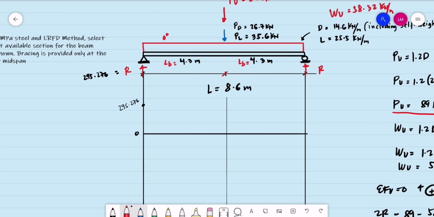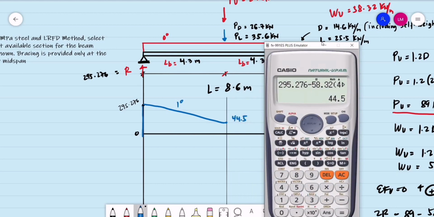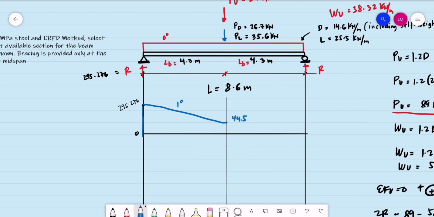So our diagram should go from 0 to 295.276, less that uniform load. This is first degree. This is equal to 44.5 kilonewtons.